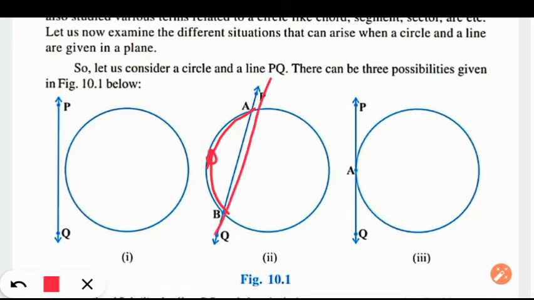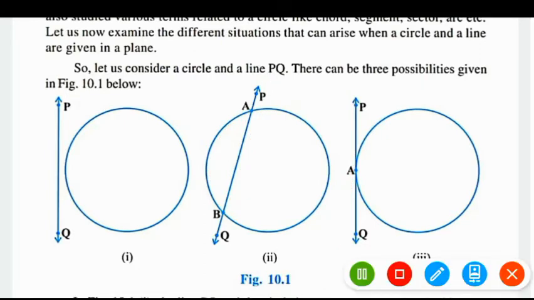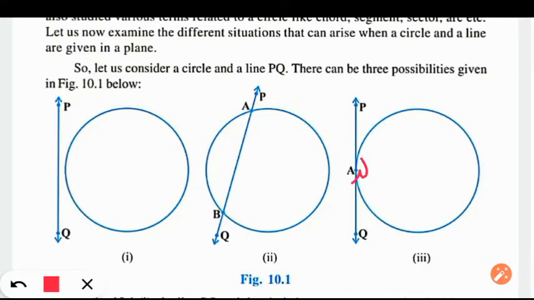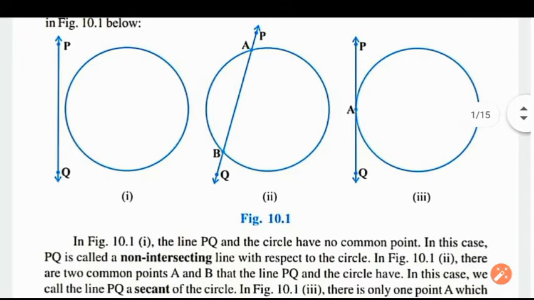This secant will become like this, and when A and B coincide with each other at a point A, in that case this line will not intersect the circle, that line will touch the circle. So in that case we call that line a tangent. So in other words, what is a tangent to a curve? Tangent is a straight line which touches a curve at a particular point.